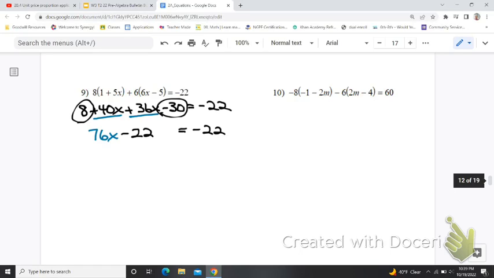Then we would have to add 22 to both sides. I've got 76x is equal to 0.